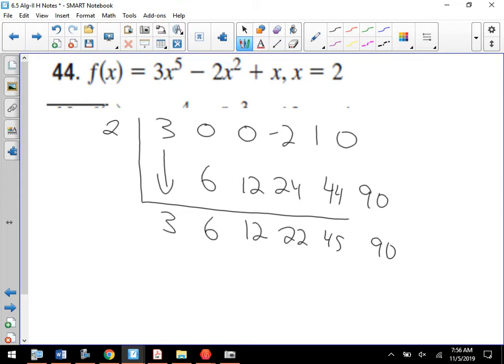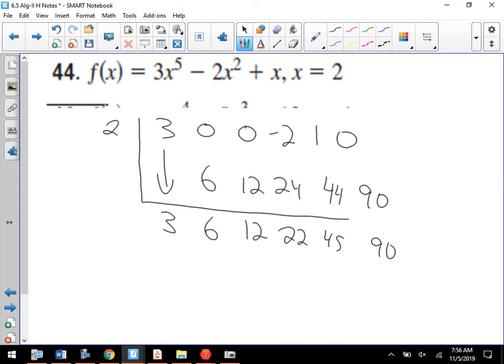So, when you're synthetically dividing, by the end of today there's a couple of things that we need to show you. First thing is, we're going to talk about what's called long division.